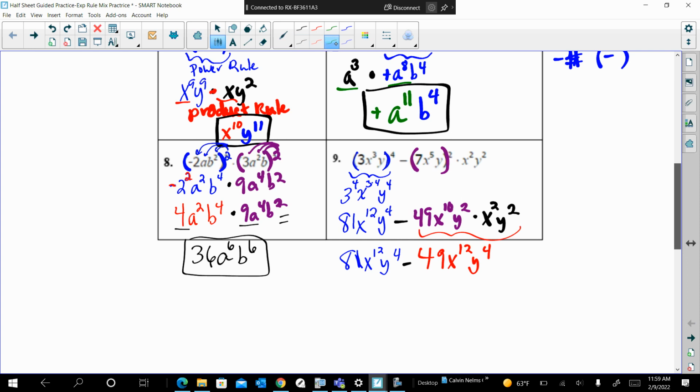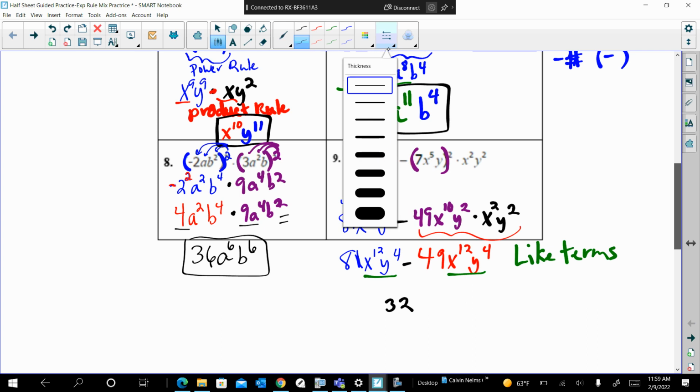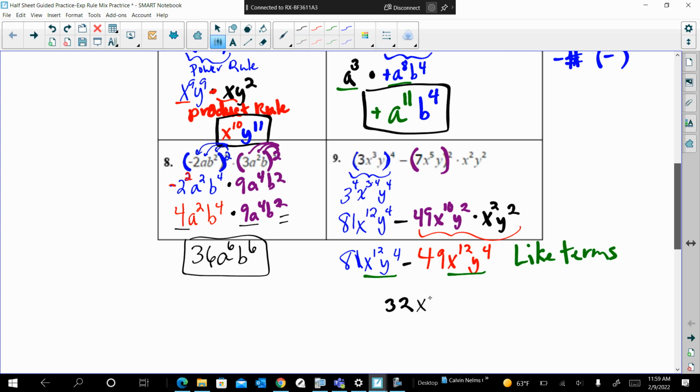Because the variable and the exponents are the same, that means you have like terms. So now we're just subtracting the coefficient. You don't change the variable and exponent. You keep it the same, and you just subtract the coefficient. So 81 minus 49 is going to leave you with 32. And then you keep that variable the same. So x to the 12th, y to the 4th.